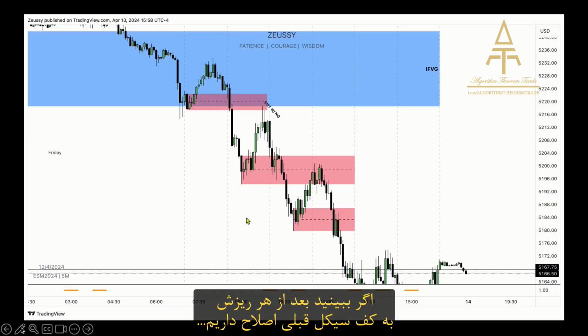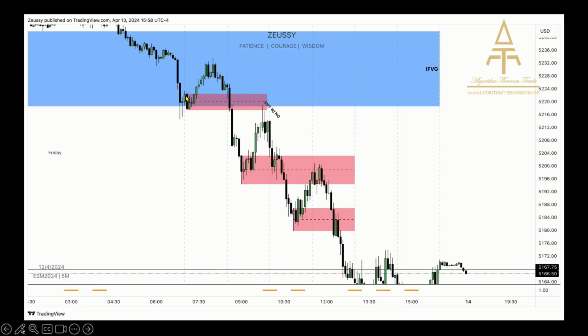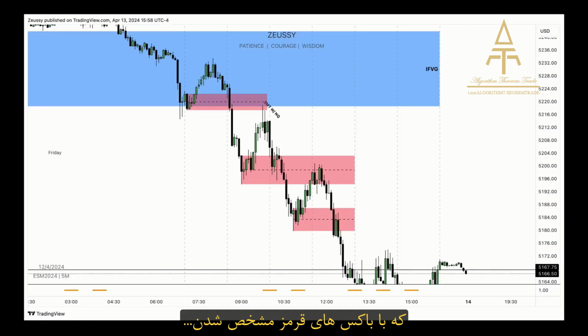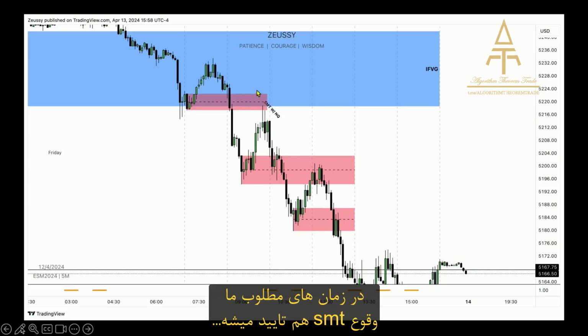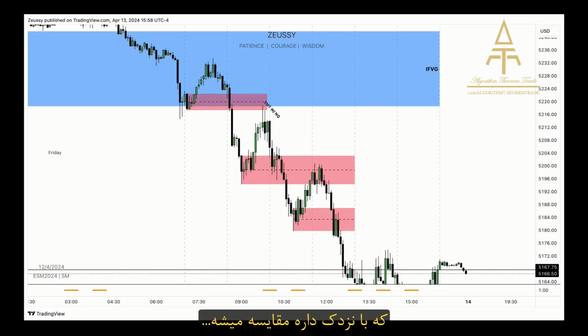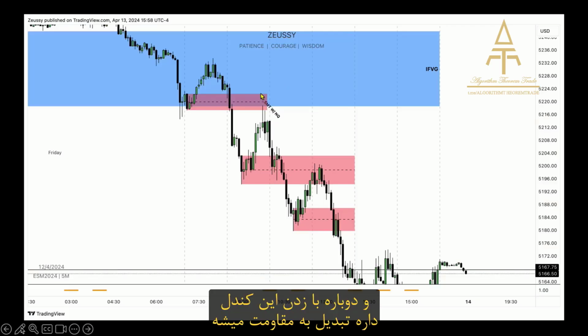If you understand this and you see that every single displacement leg lower is followed by a retracement into that previous cycle's low candle that's annotated with a red box, and you see that the market respects those levels perfectly, and track the market maker sell model signs are present, such as market reversing at exactly or during exactly our 30-minute time of interest, SMT taking place with a highly correlated asset or market, I should say, of course, with the Nasdaq here, and the market then distributes lower, trading below this big down close candle, again functioning as resistance on price.